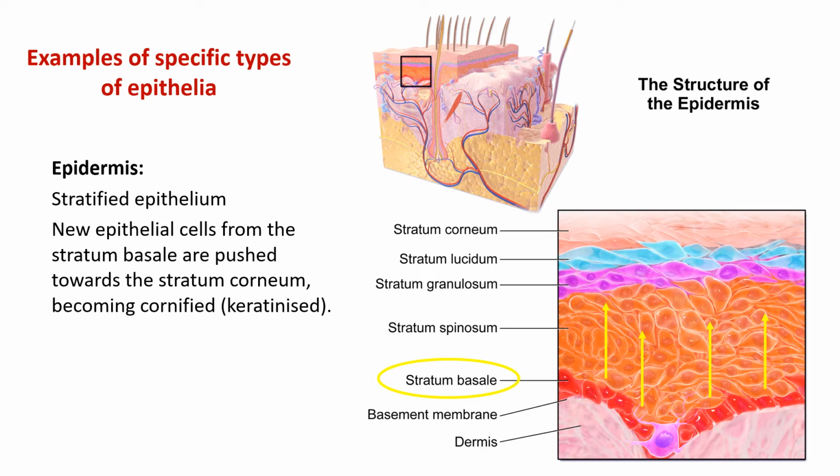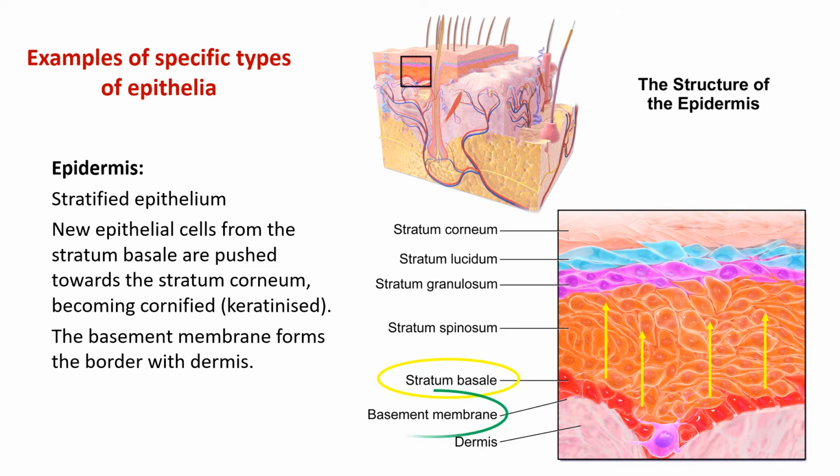Stratum lucidum you actually only get in very hard skin areas like the soles of your feet. And then finally at the top we have the stratum corneum. And it's the stratum corneum that the cells then slough off from. So the basement membrane forms the border with the dermis.